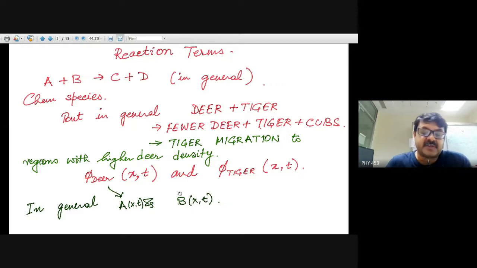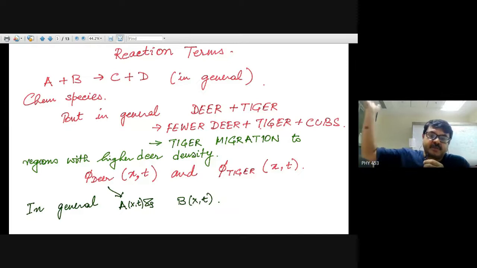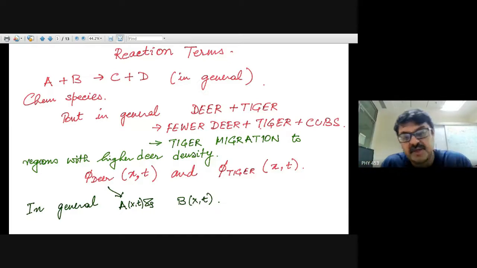Now, suppose at a certain point in space there was a large number of deer, then the tigers would come there. And then once they eat that up, the number of deer decreases. But at some other point in space, in the neighboring forest, there might be more deer left. So then the tigers will migrate there.